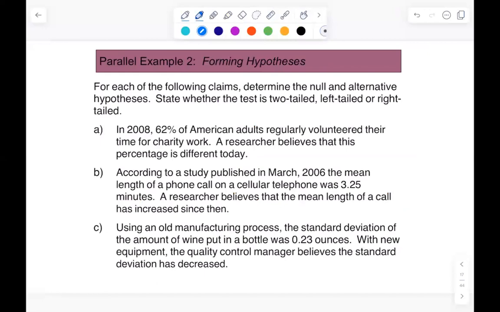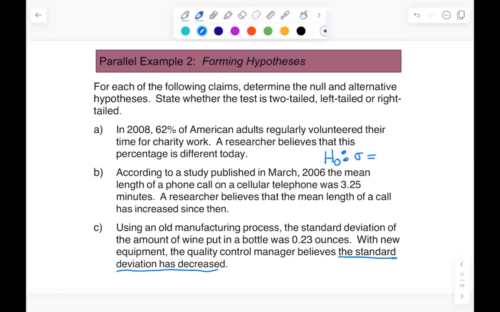So using an old manufacturing process, the standard deviation of the amount of wine put in a bottle was 0.23 ounces. With new equipment, we believe that the standard deviation has decreased. All right, so my null hypothesis, standard deviation is sigma.